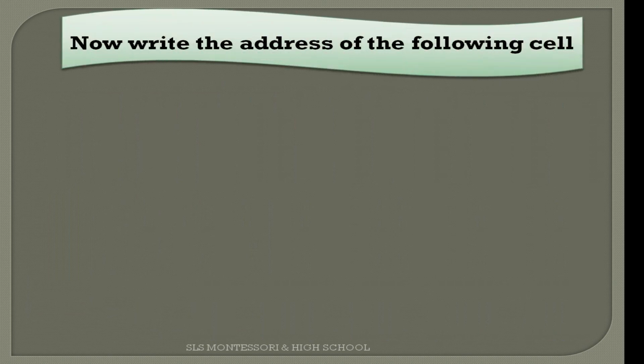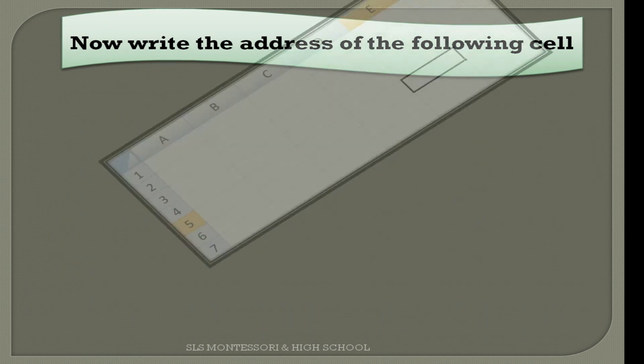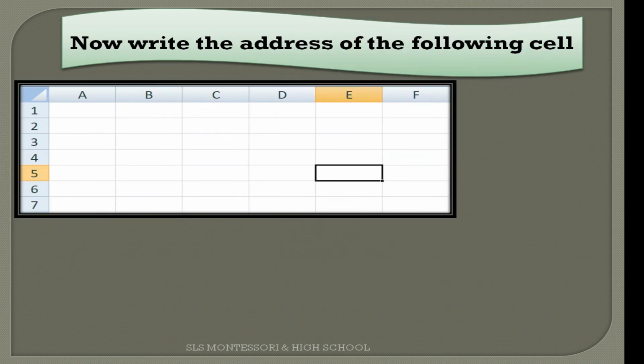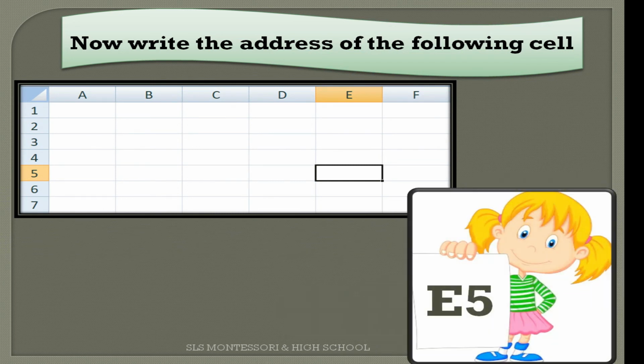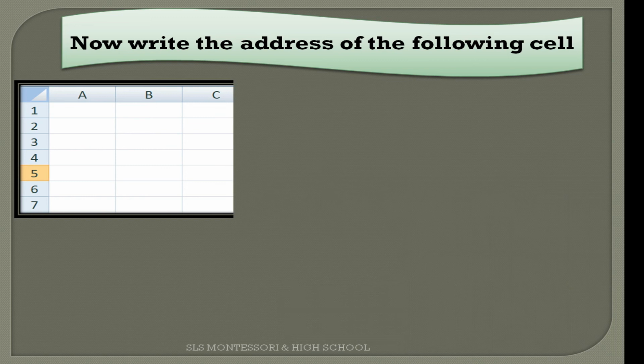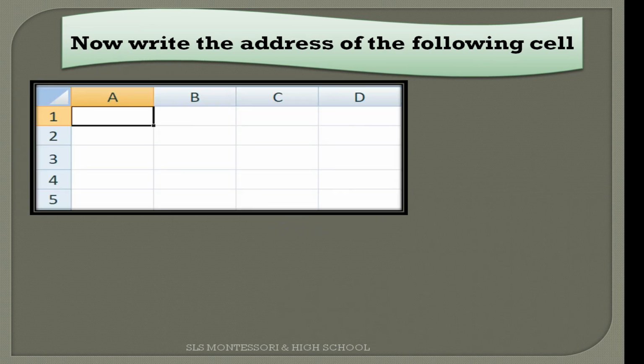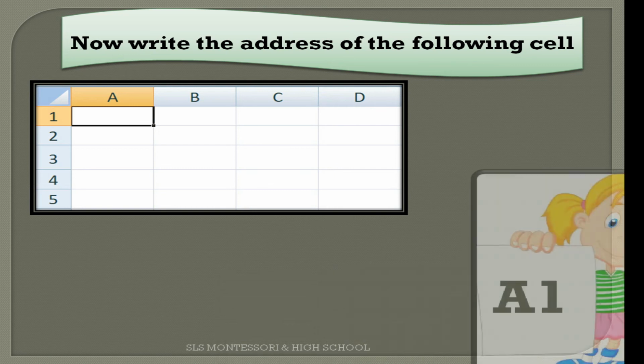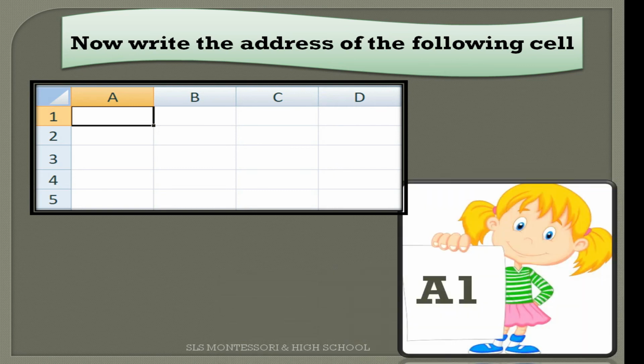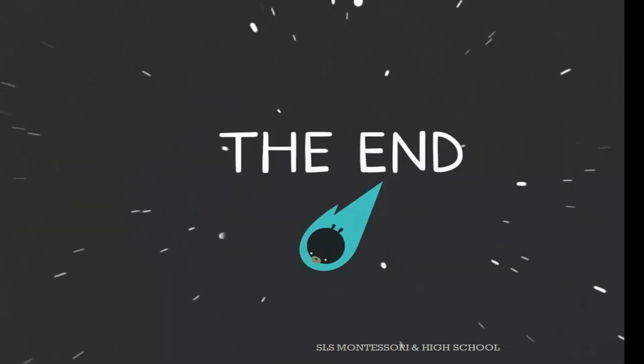Now write the address of the following cells. Try to solve this by your own self. Yes, E5. Now this one. Yes, A1. Thank you.